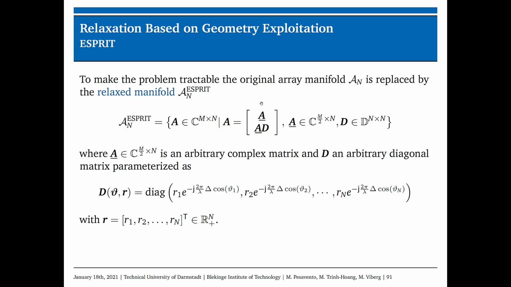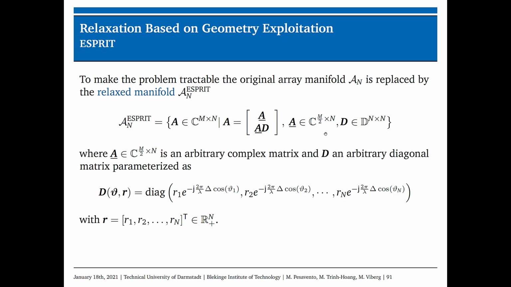This manifold is defined as a set of all n times n matrices composed of two blocks, where now the first block A underbar no longer belongs to a subarray manifold, but it is an arbitrary non-singular complex n by 2 times n matrix instead.